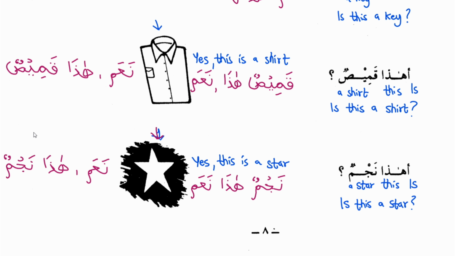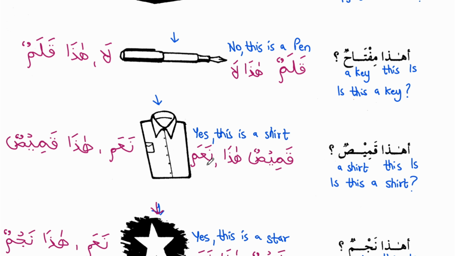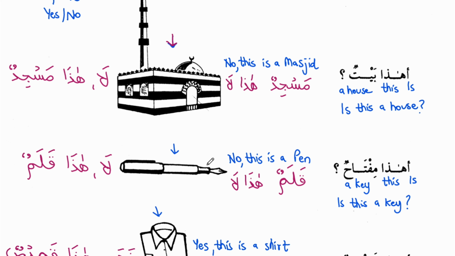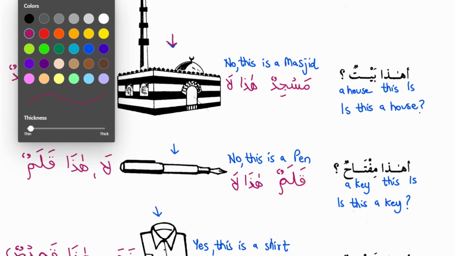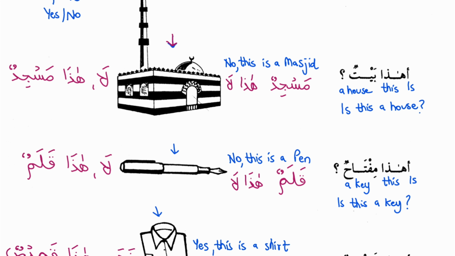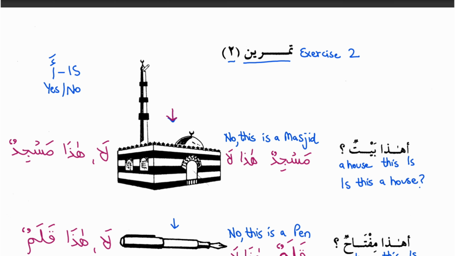So let's revise all the question answers that we covered in today's lesson. So here it is written tamreen, meaning exercise 2. The question here is ahaza baytun? Is this a house?